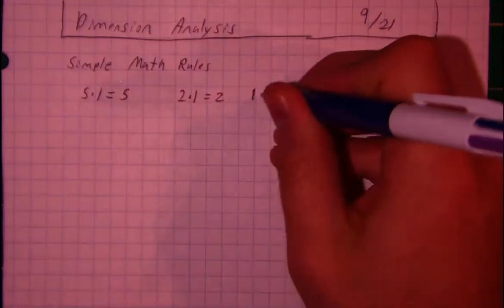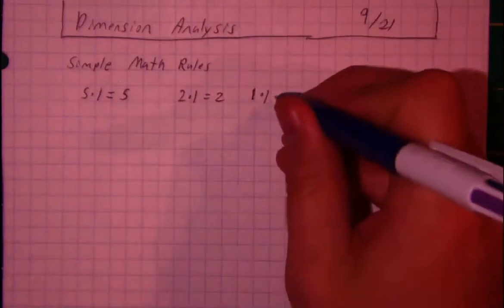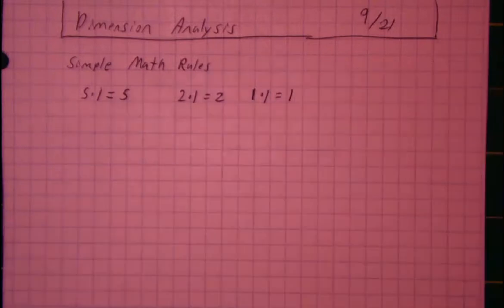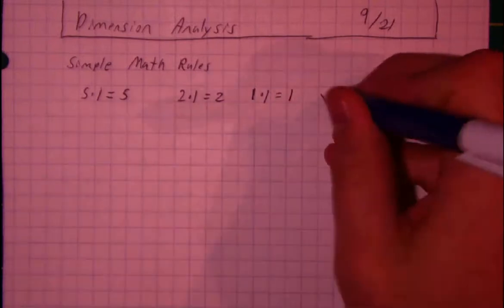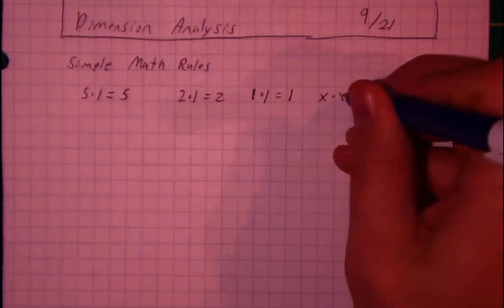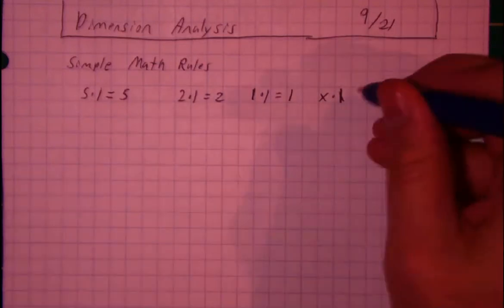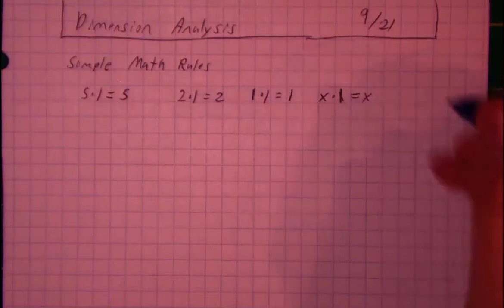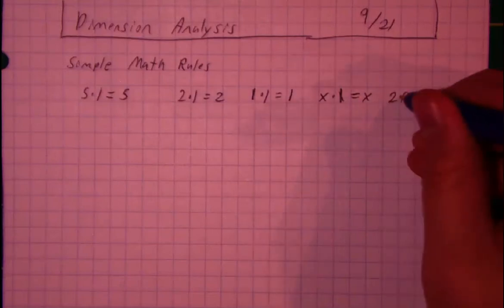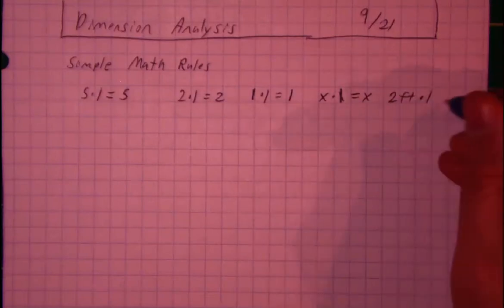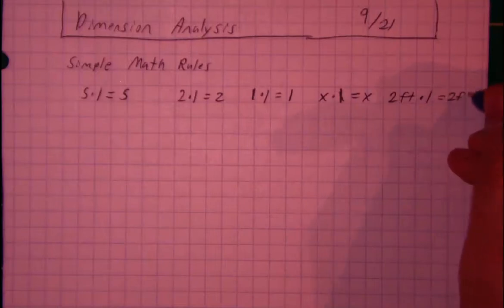We've got 1 times 1. Well, that equals 1. X times 1 equals X. And 2 feet times 1 equals 2 feet.